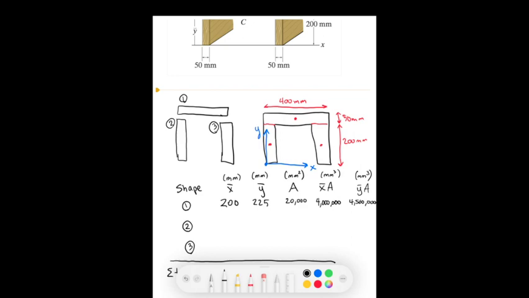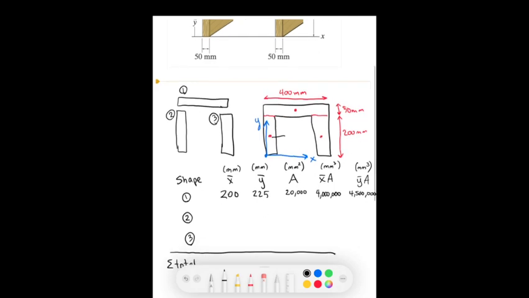For our next shape, shape number 2, we see this centroid here. So x bar is 25 millimeters from the origin, and the y bar is 100 millimeters. The area this time is 200 times 50, which is equal to 10,000 square millimeters. Find the products.